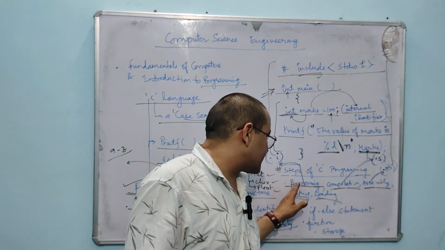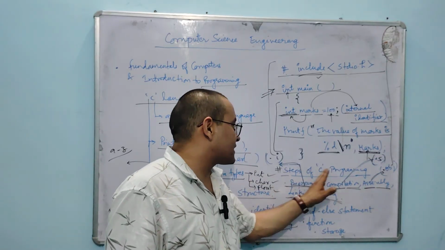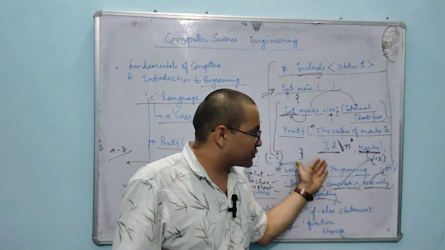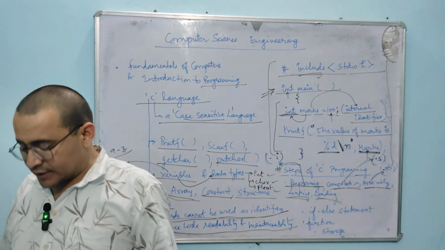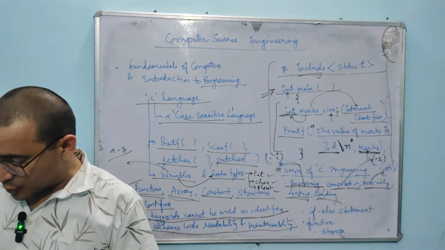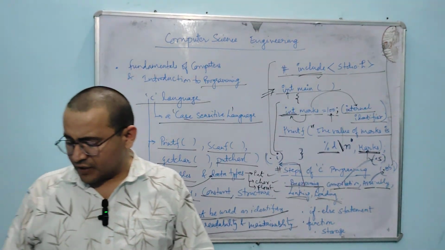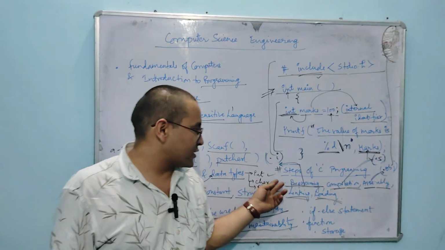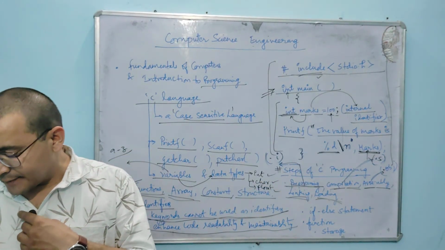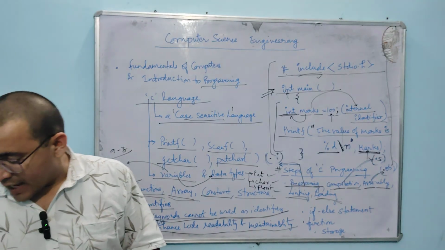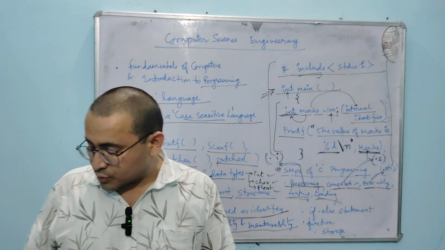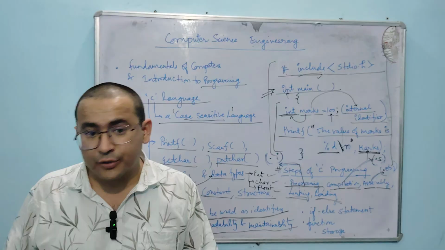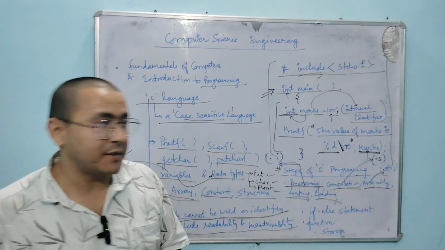So these are the steps of C programming. Here we first write the source code, and then pre-processing is done. The compiler converts the code into assembly language.